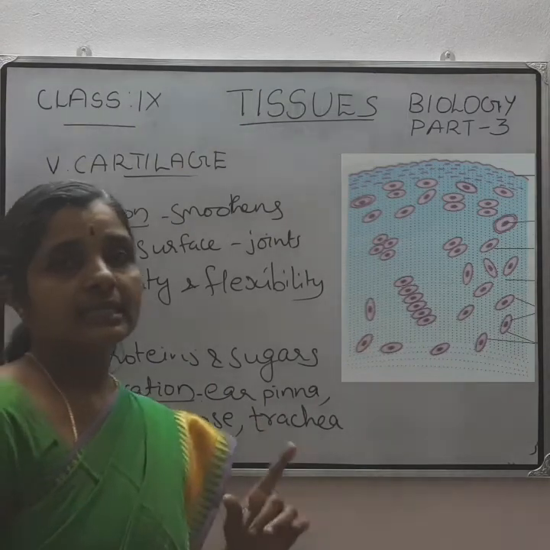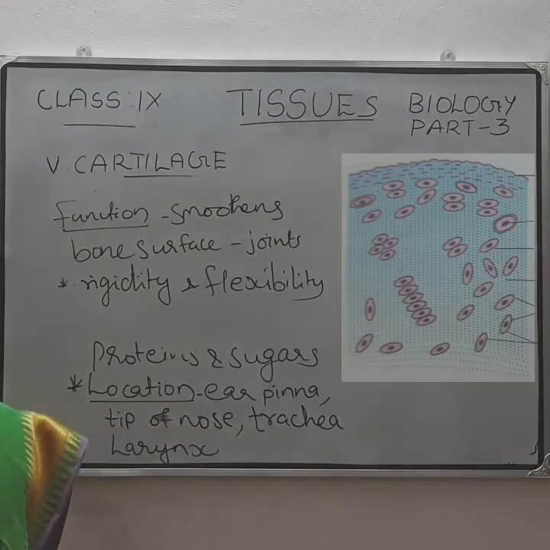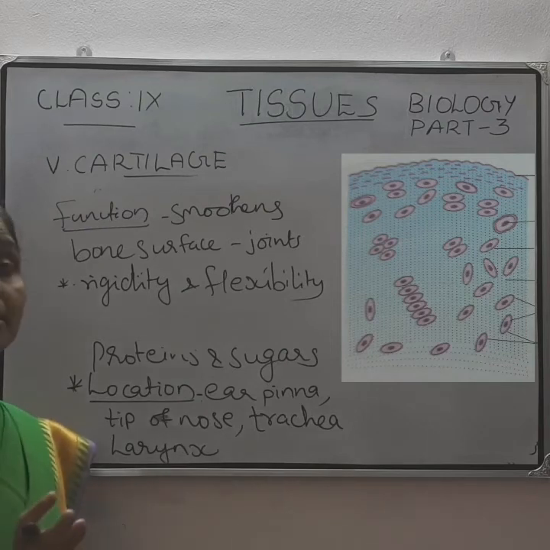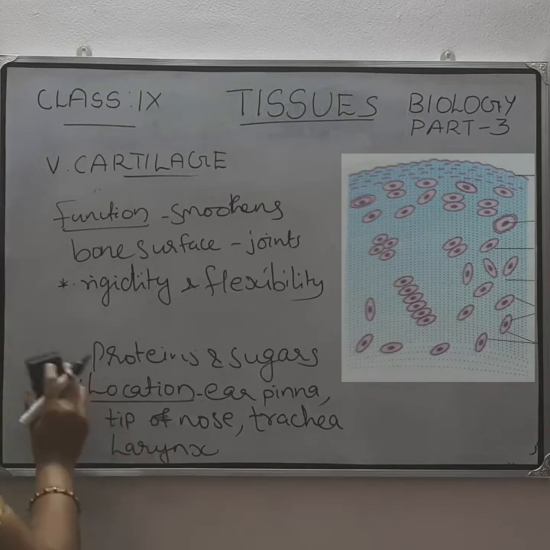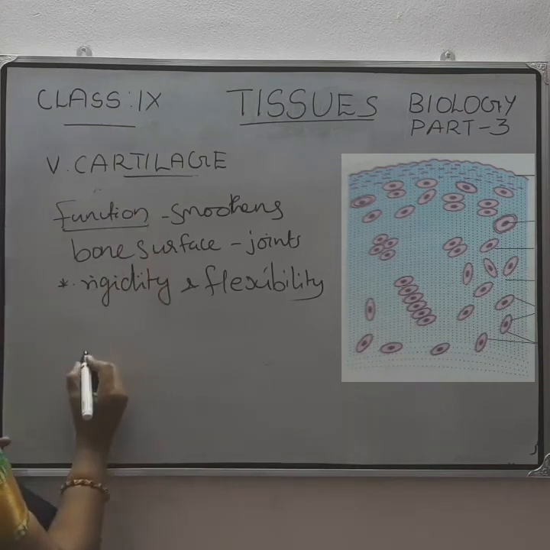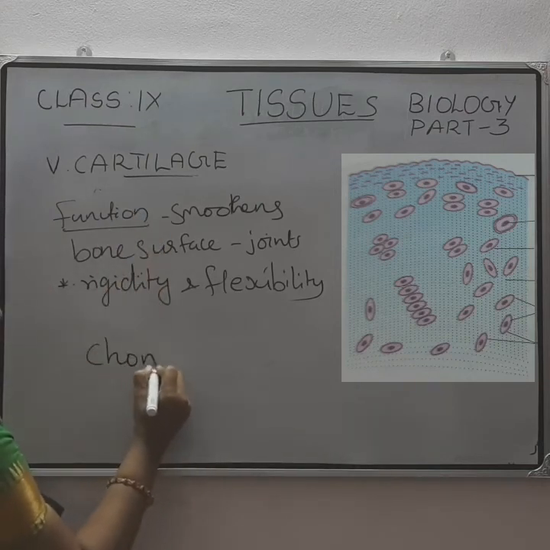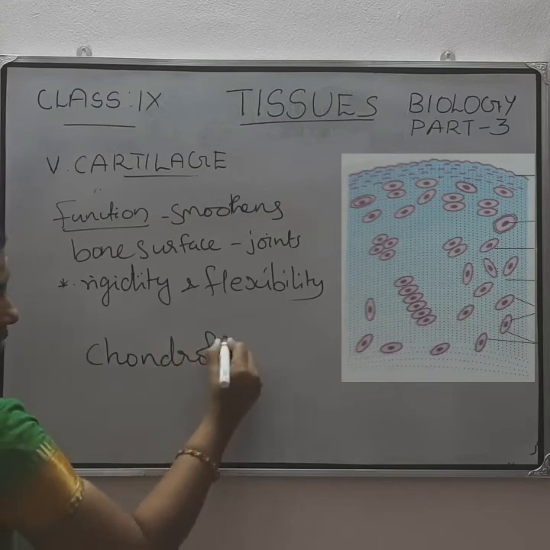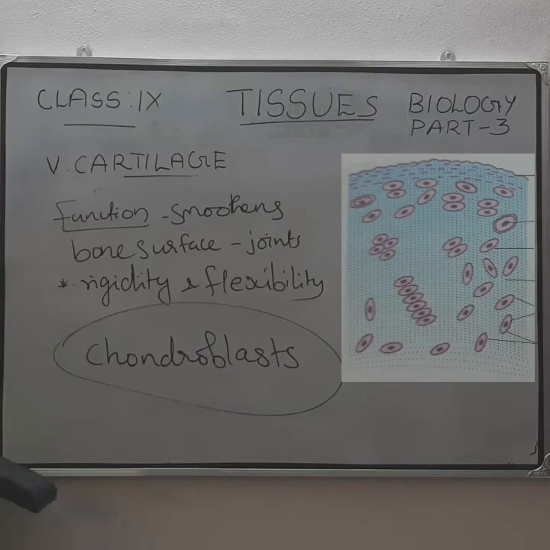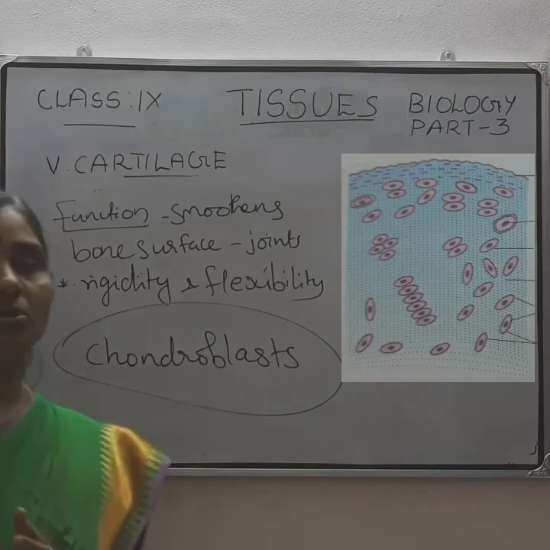Once again, cartilage is a flexible connective tissue, and it consists of widely spaced cells. And those cells are called what? Those cells are called chondroblasts.